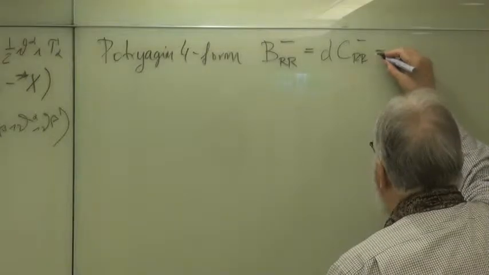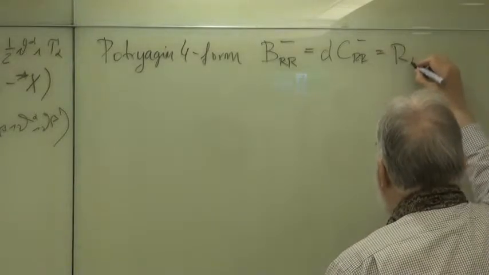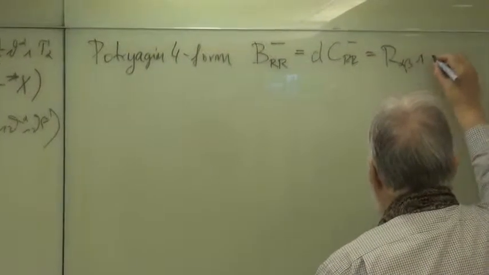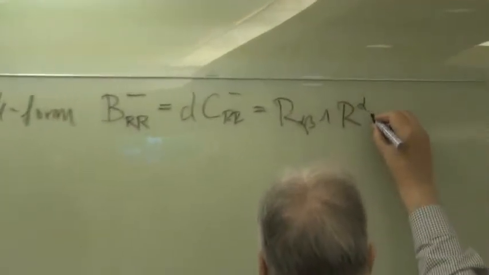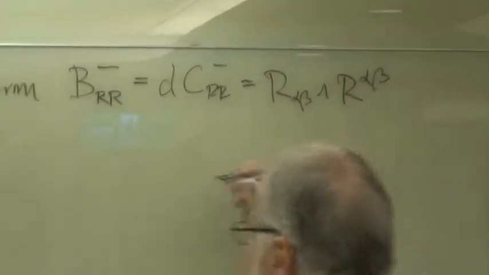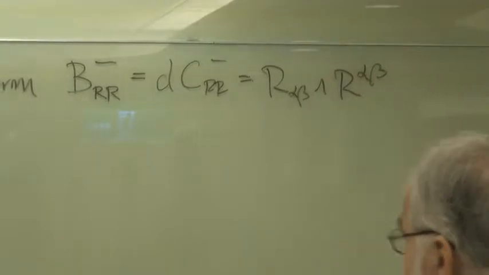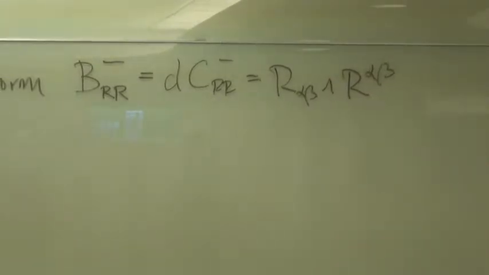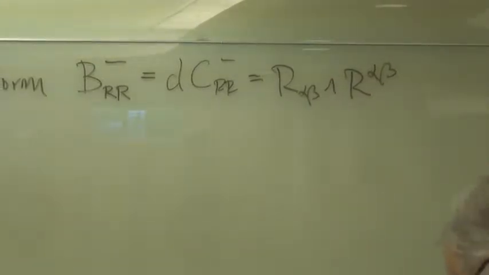Really the standard piece which we have in gauge theory, R^{αβ} ∧ R_{αβ}, which can be rewritten, like in the Maxwell case, as an exact form.